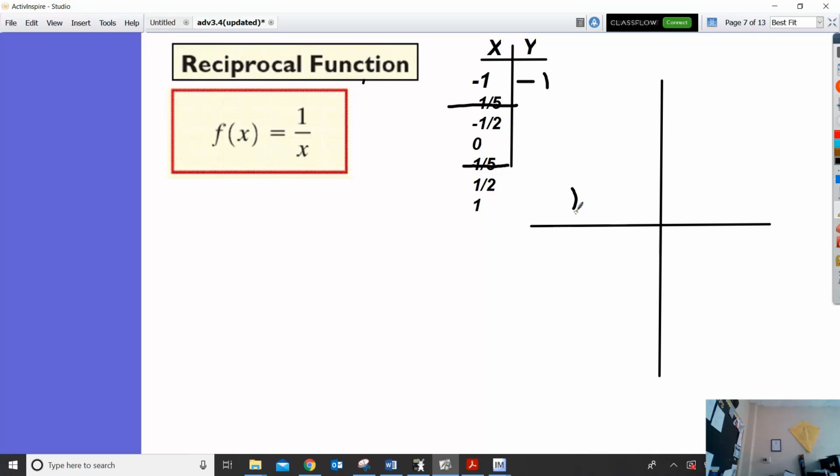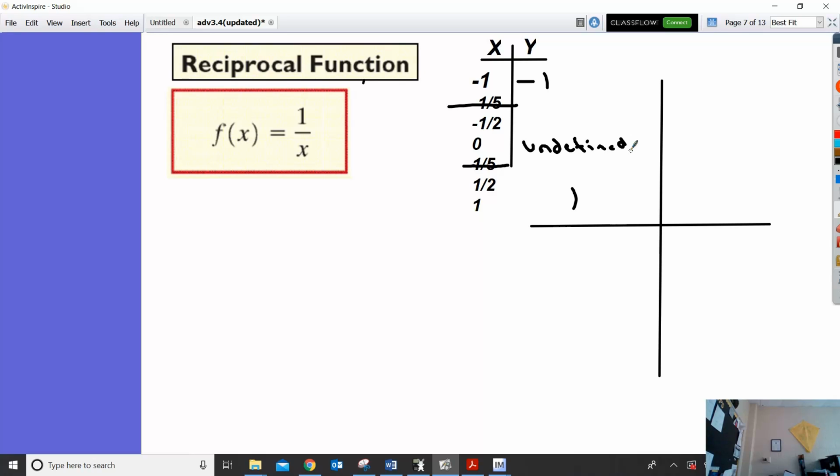Would it return 0? Really? If you put a 0 right there, what's that? It is undefined. Can you plot a point at 0, undefined? No, there's nothing there. So 0 is not something that you worry about.